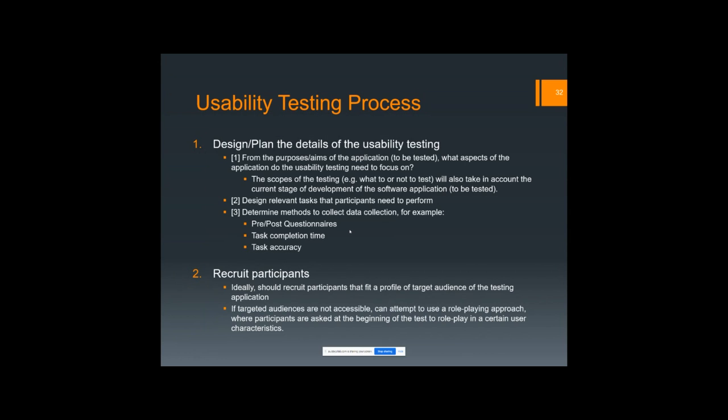And recruit participants. This is linked to the target audience, even though I don't think we have to do that in actual assignment 4. Because if you design for phobia, then I think you have to get the people who have some phobia component, known phobia clinical components, to play with it. In this case, you really try to get the right people who fit the profile of your target audience to test it.